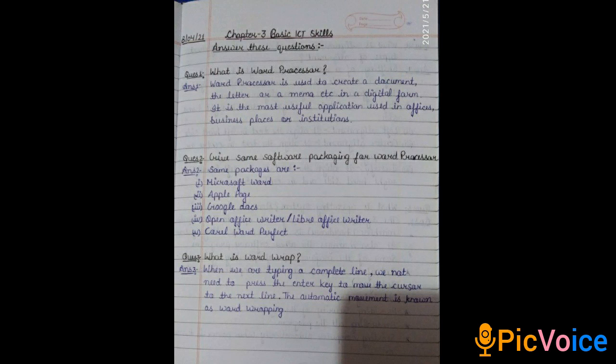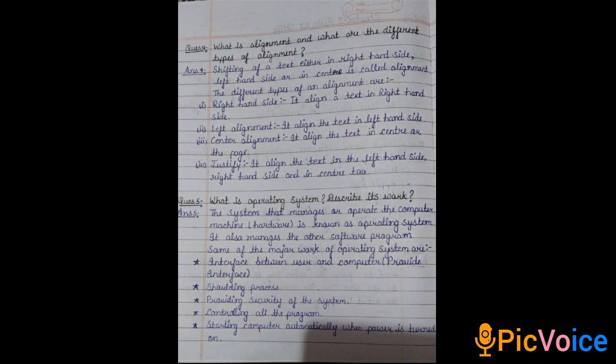So what is the interface? Suppose you are using the Android operating system on your mobile phone or Windows on the computer. When the operating system starts, it provides graphics and icons, and on the mobile phone you touch the icons and the program will start. This is basically known as the interface, also known as the graphical user interface, GUI.